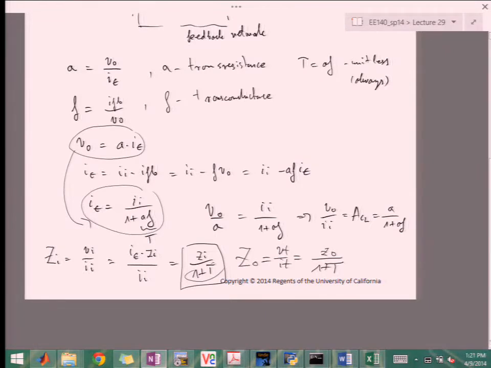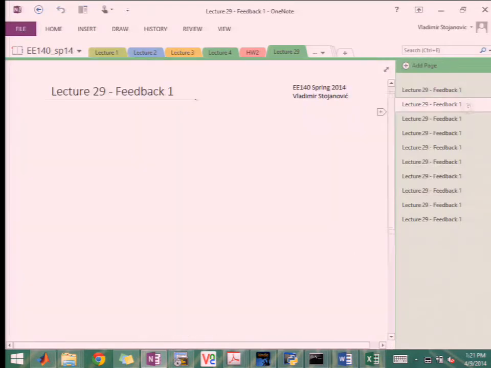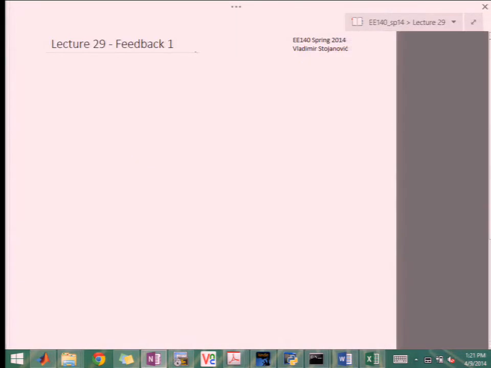Okay, so the next type of feedback is shunt series. Now the input is the same as we just did, which is the current source into ZI.